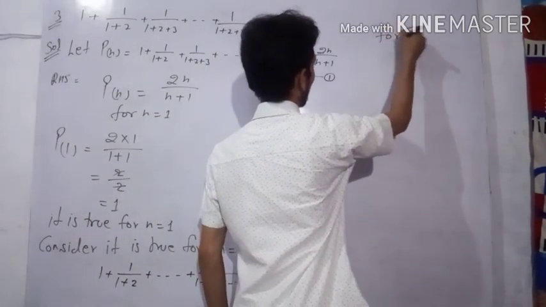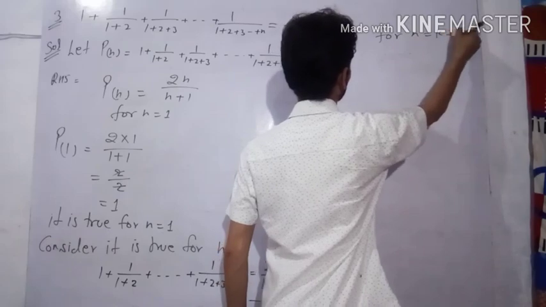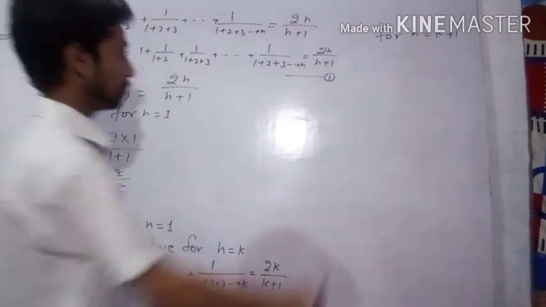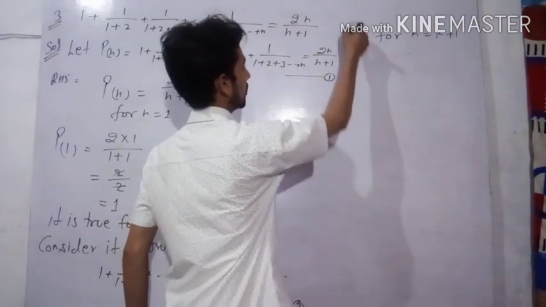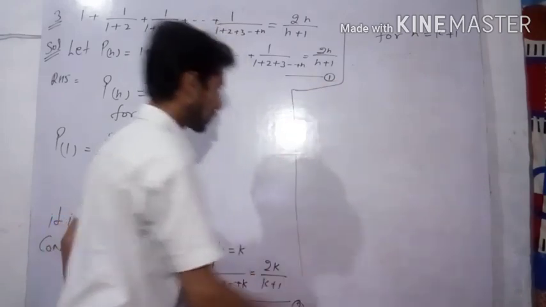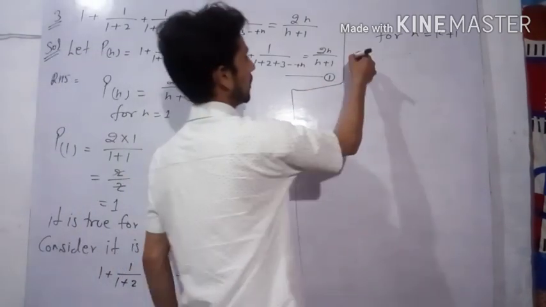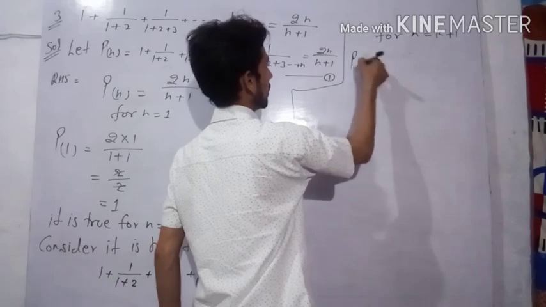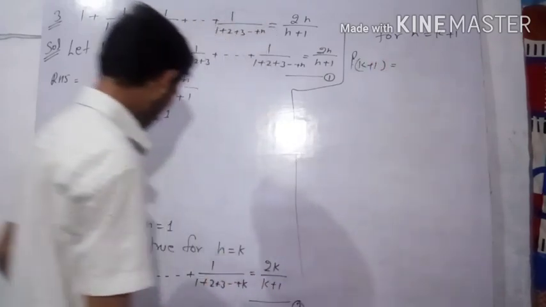For n equals k plus 1, P(k+1) is equal to 1 + 1/(1+2) + ... + 1/(1+2+3+...+k) + 1/(1+2+3+...+k+1).